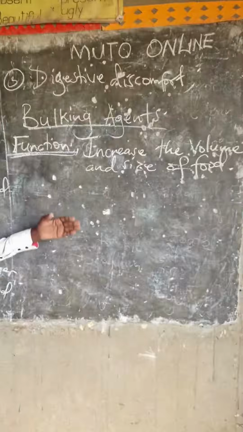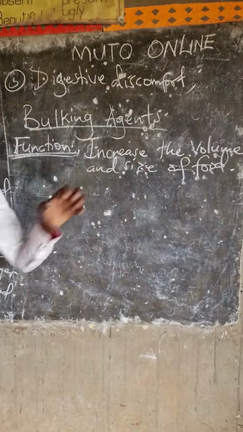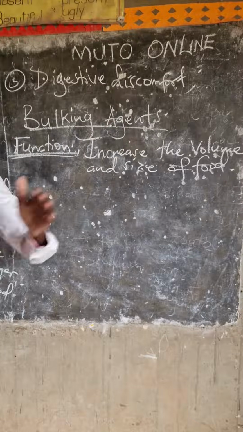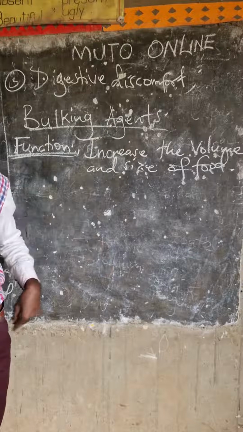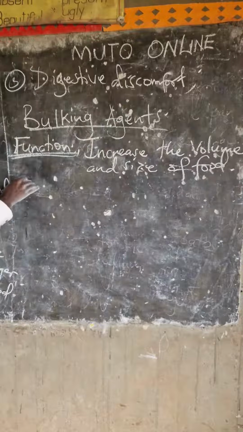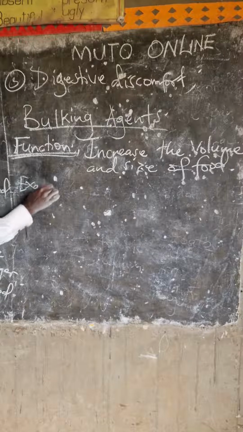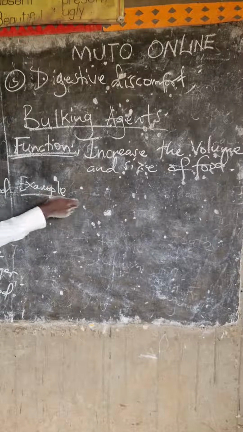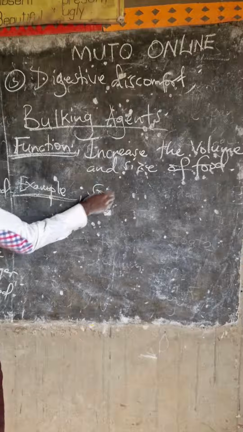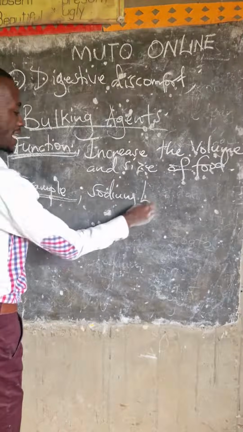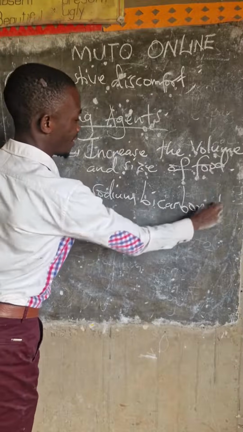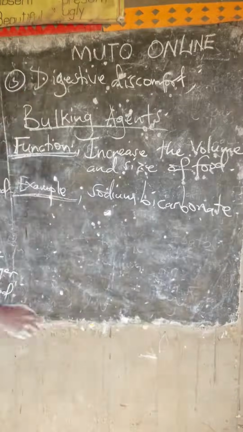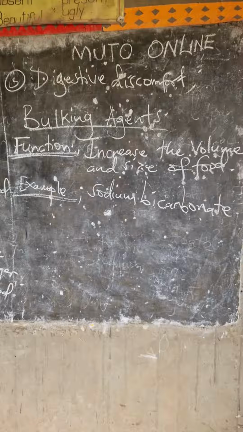For these ones, increase the volume, make something that was small bigger, like the baking powder, the ingredients in baking powder. You can give an example of such a bulking agent as sodium bicarbonate, the one you call soda bicarb.